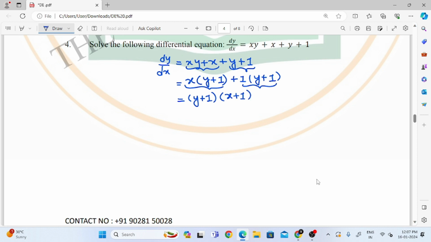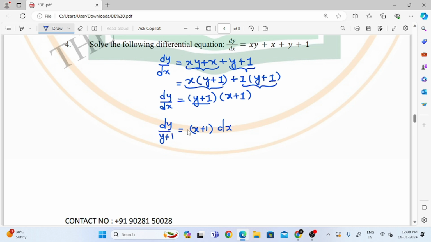Okay, so the x term is separate, the y term is separate, so we can take dy with the y term and dx with the x term. If we take this y plus 1 to the denominator, dy upon y plus 1 is equal to x plus 1 into dx.